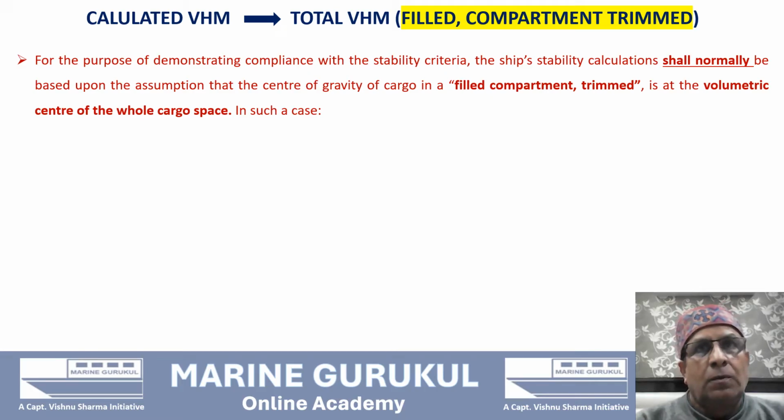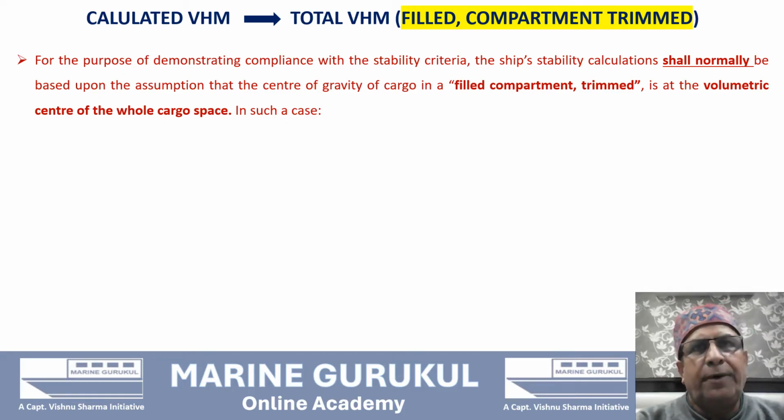So the IMO, the spirit of the grain code, does not want you to account for those voids when you consider the kg of the cargo. So if you declare a compartment to be filled trimmed, the grain code wishes that you take the centroid of the full cargo space as the kg of that particular cargo.